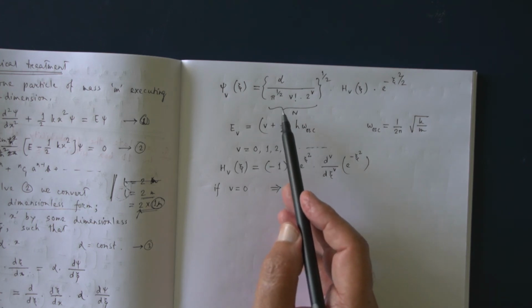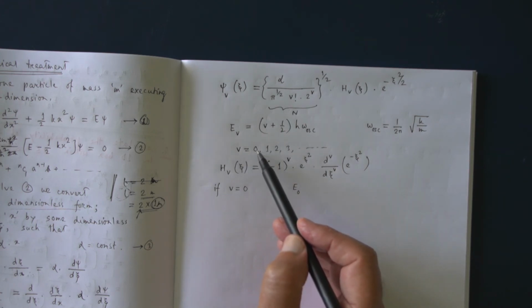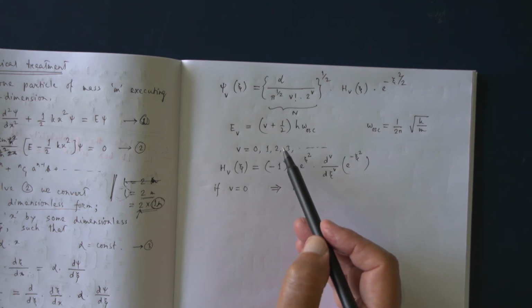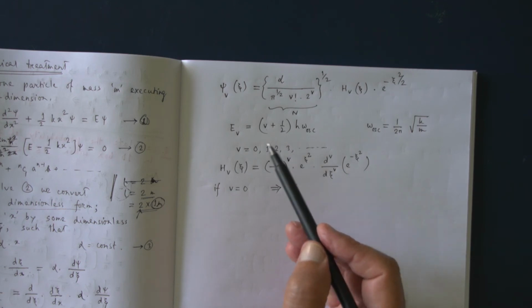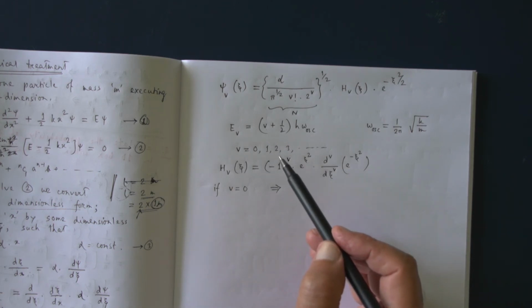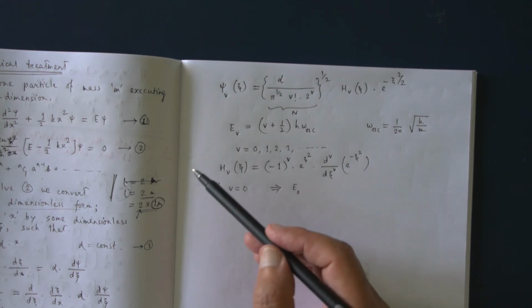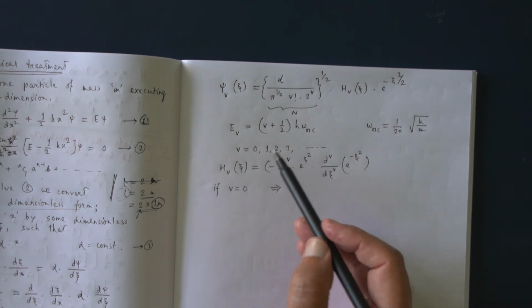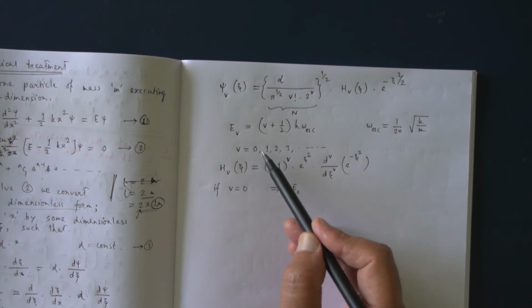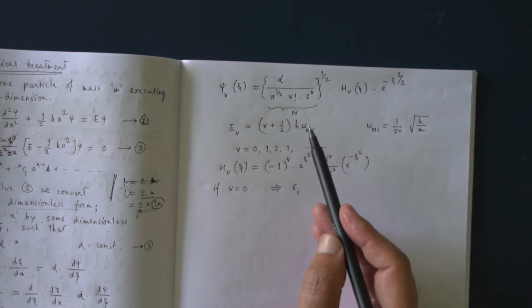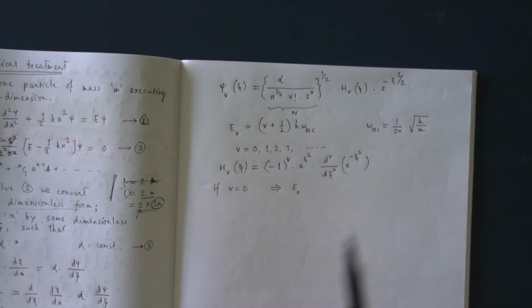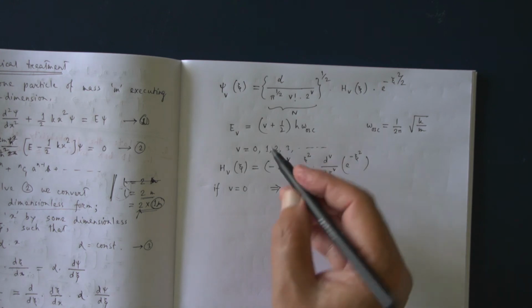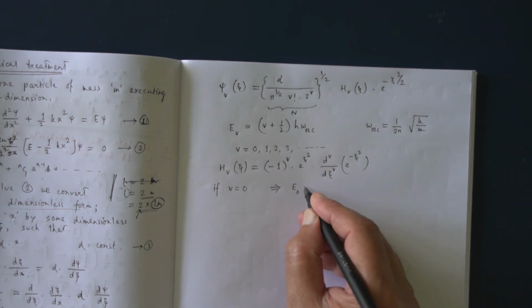But here we find that the quantum number may be 0 as well. Why is this possible? Right now we do not know because we have not done the detailed calculation. If we do the calculation in detail, we will know why v can be 0 also. But let us ignore that part and assume that v may be 0, 1, 2, 3 and so on. So v may be 0, but the energy is not 0.